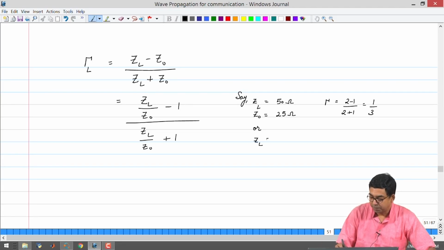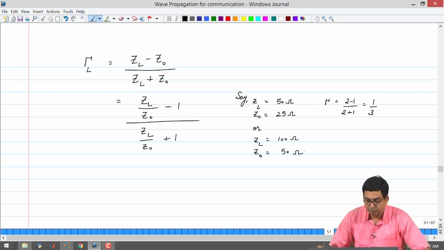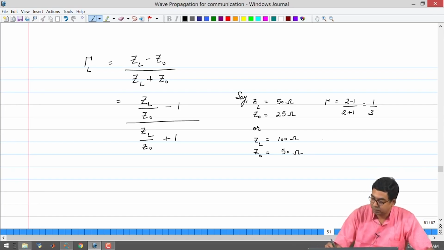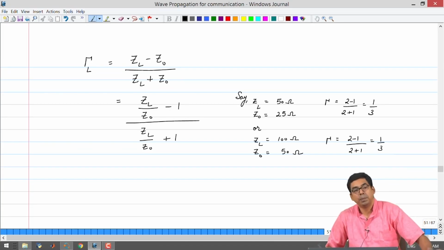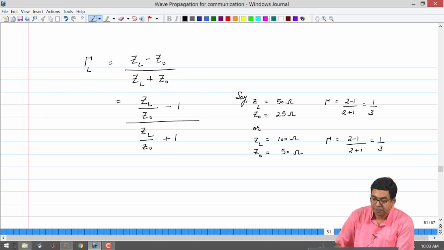If you take another absolute value, say ZL is 100 ohms and the characteristic impedance is 50 ohms, I have taken the initial values and doubled the load impedance and the characteristic impedance, the gamma still is 2 minus 1 divided by 2 plus 1, that is equal to 1/3. So, it is clear that the absolute values of the impedance do not matter. What matters is the load impedance to the characteristic impedance ratio.